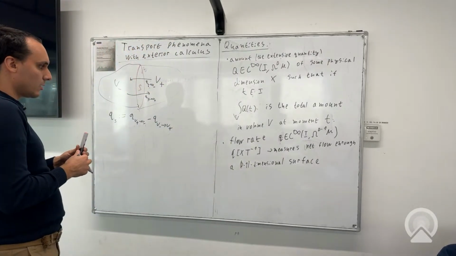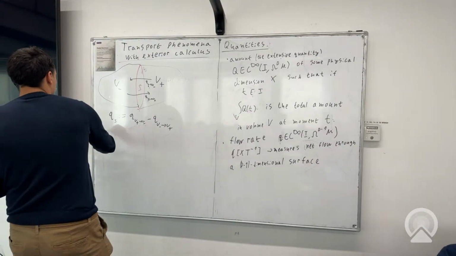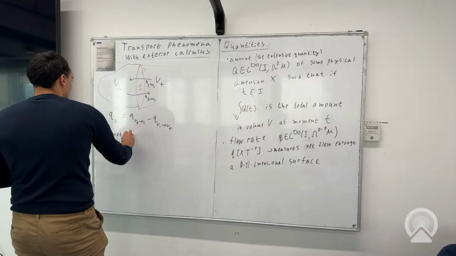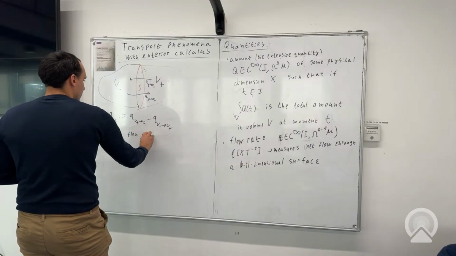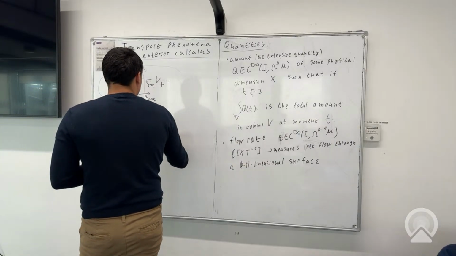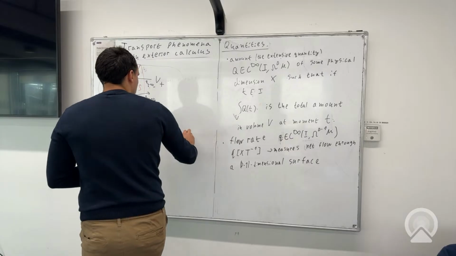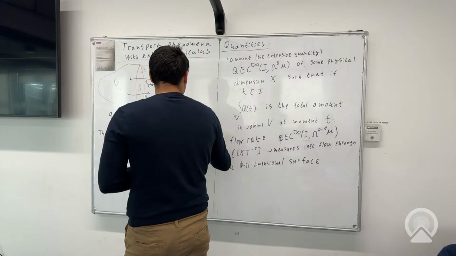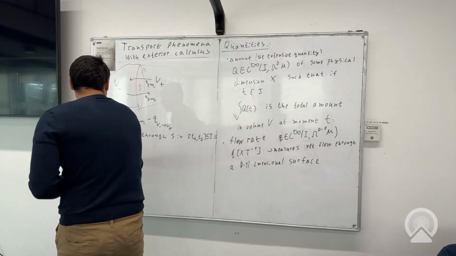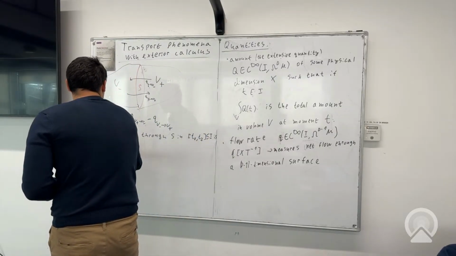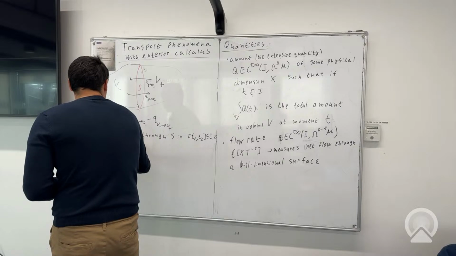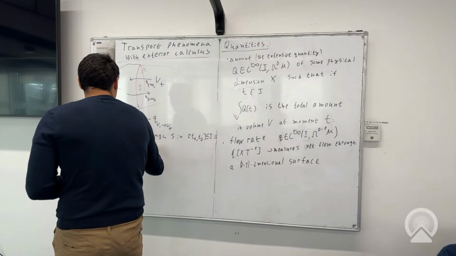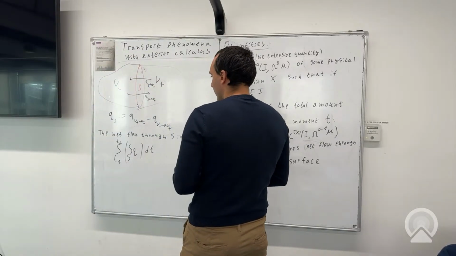So the net flow through S in T1, T2, this is a subset of I, is the integral from T1 to T2 and over S. So we are doing a double integral.